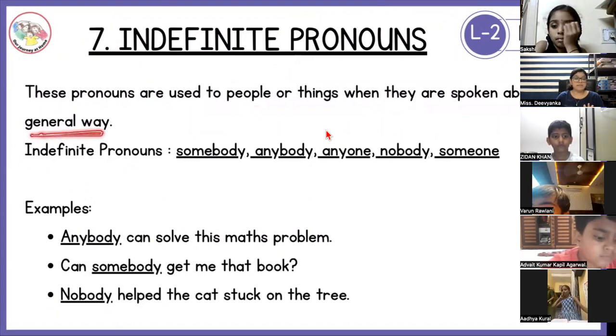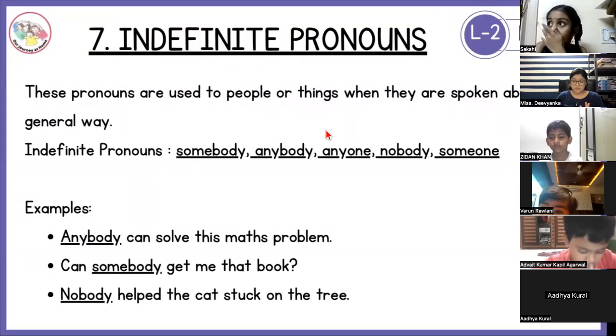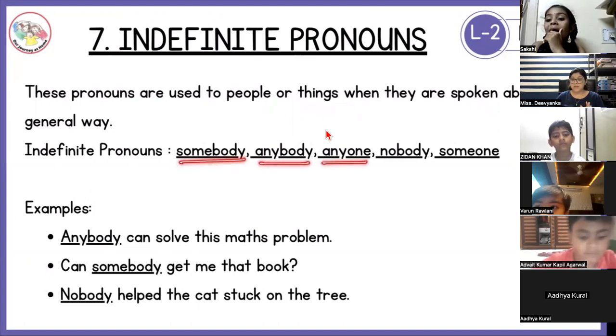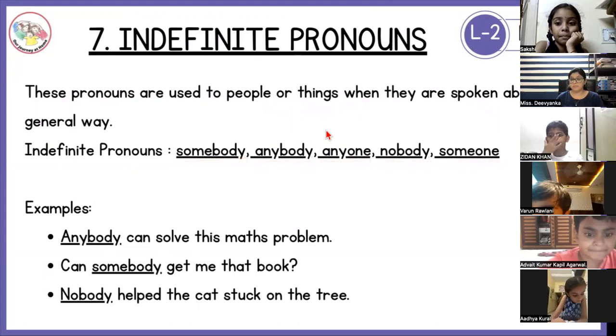It is not a specific way that you're talking about, but in a very generic way. Now, what are the different indefinite pronouns? Somebody, anybody, anyone, nobody, and someone.